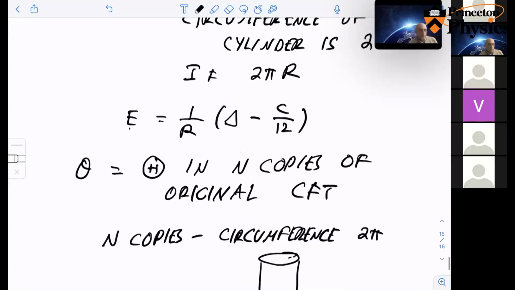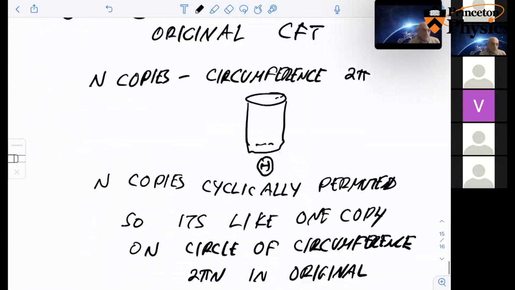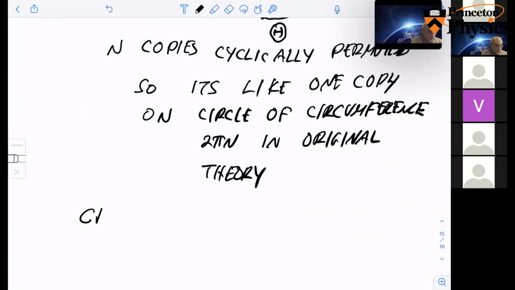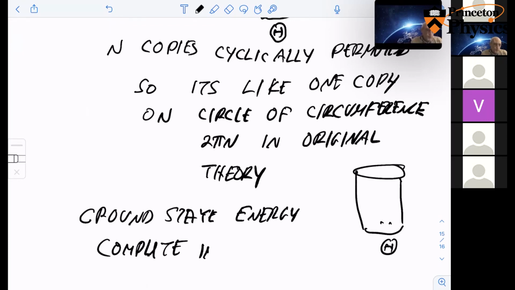So the ground state energy in the presence of theta will compute in this description.